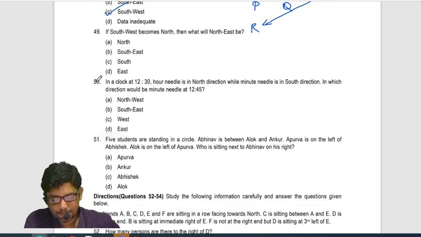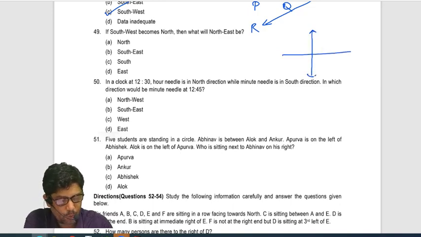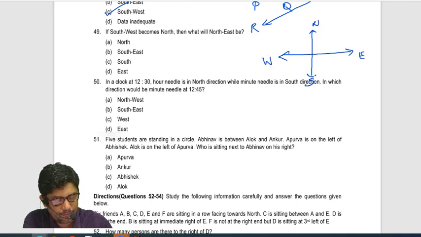Okay, listen here. Now look at this. This type of question, we always need to draw: north, south, east, west, northeast, southeast, southwest, northwest. Here the question is, southwest becomes north. Is it my southwest?